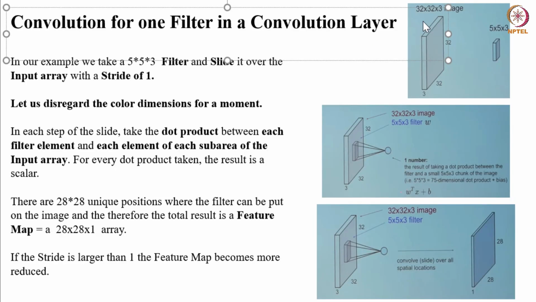Let us now look at the convolution layer. A convolution layer typically has many filters that are going to be processed on the input image, either in parallel or most typically in sequence. Now we will look at what happens when we apply one filter to the input image.